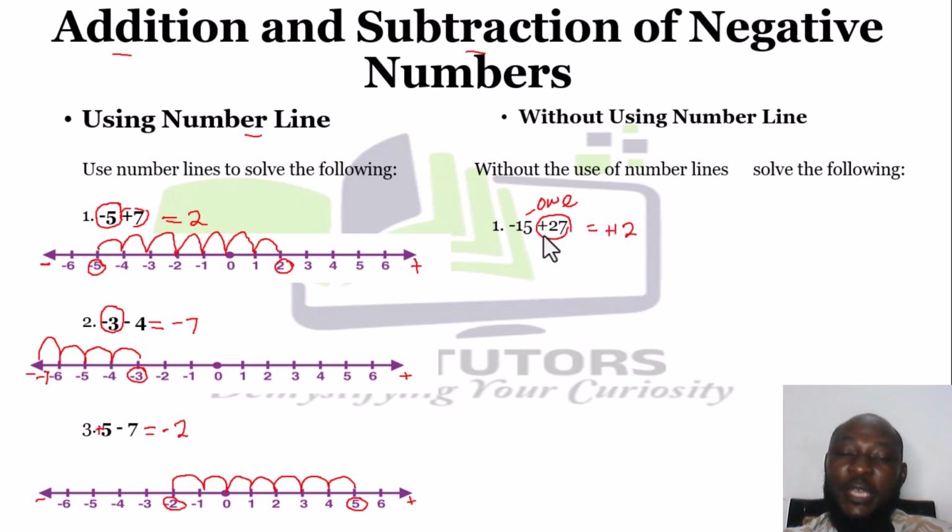Let's do it again. Now, you owe me 15 naira because this is negative. If you have a negative sign before a number, it means if you are dealing with money, you are owing. So you owe me 15 naira and you have refused to pay.